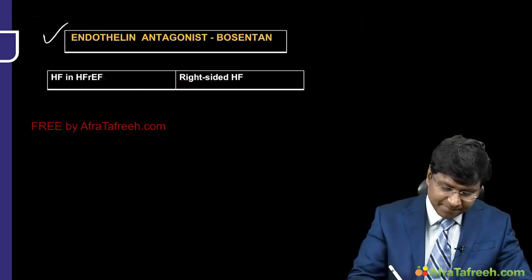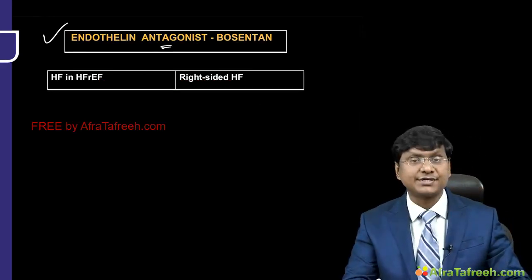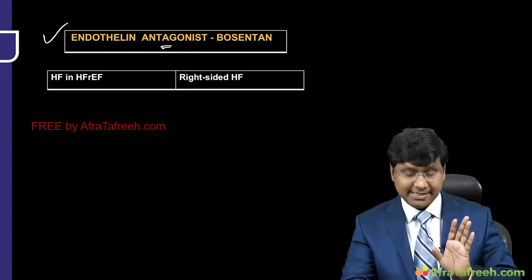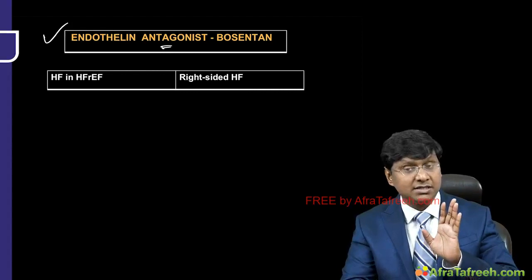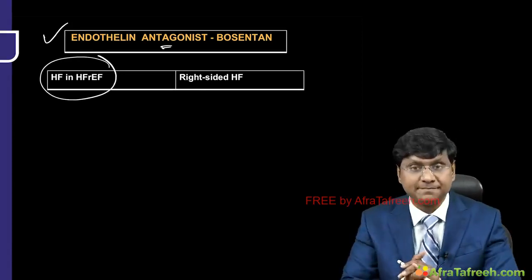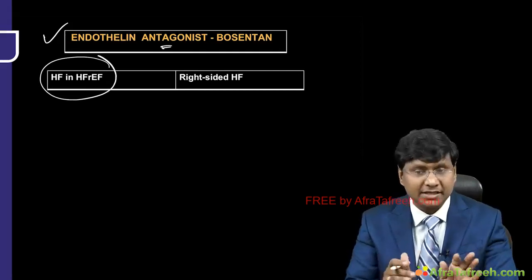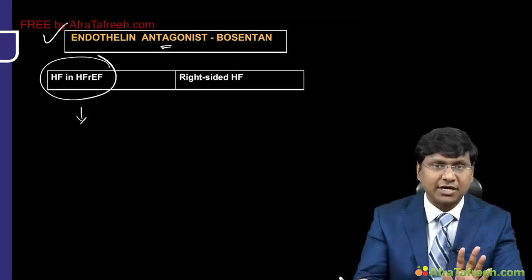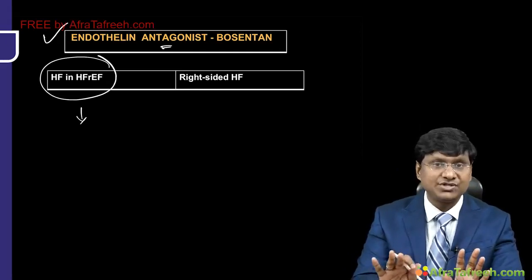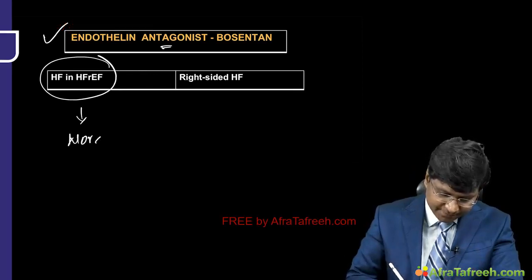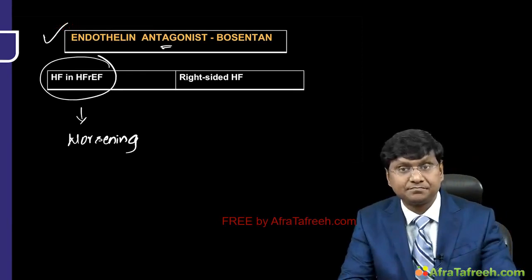For example, we have the endothelin receptor antagonist bosentan. It was tried in patients with heart failure with reduced ejection fraction, but it did not demonstrate any good outcome. In fact, it caused worsening of heart failure with reduced ejection fraction.